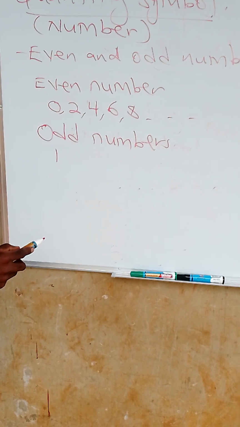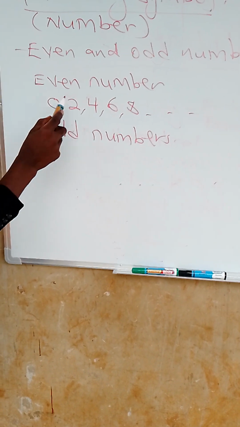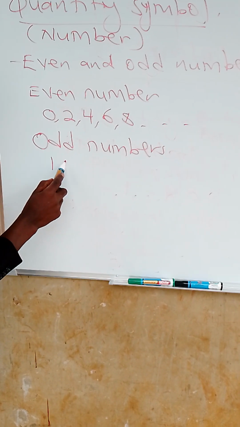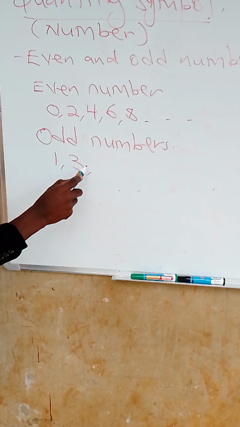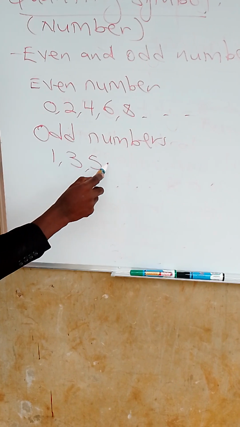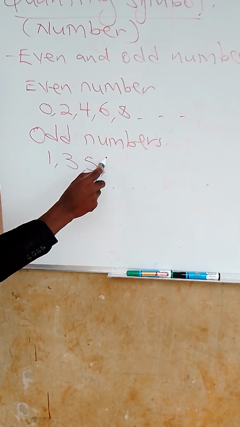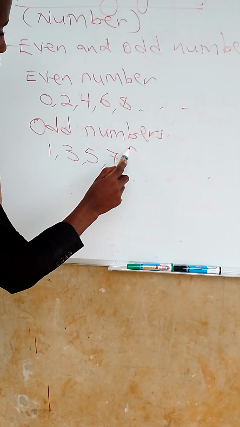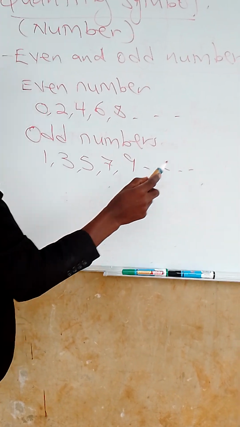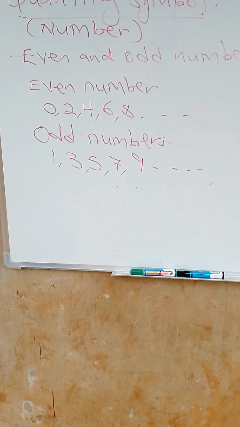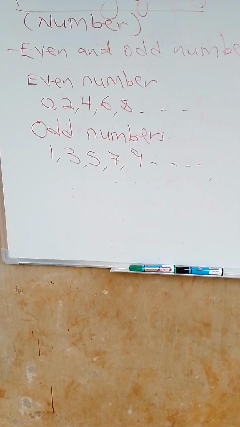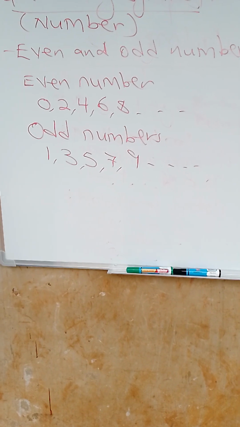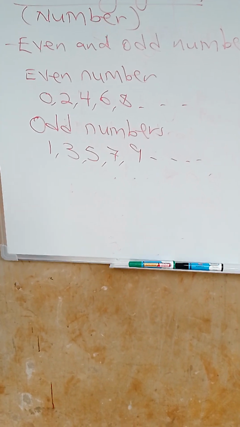Keep on adding our factor 2. 1 plus 2, you get 3. 3 plus 2, you get 5. 5 plus 2, you get 7. 7 plus 2, you get 9. And so many others. Keep on adding 2 and 2 and 2. This is the first bunch of numbers.